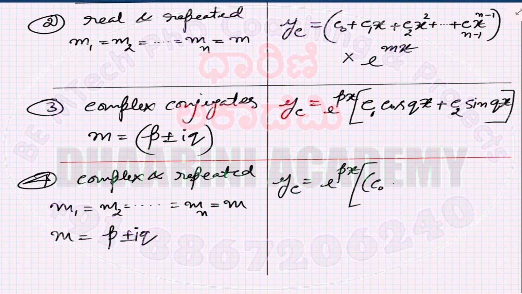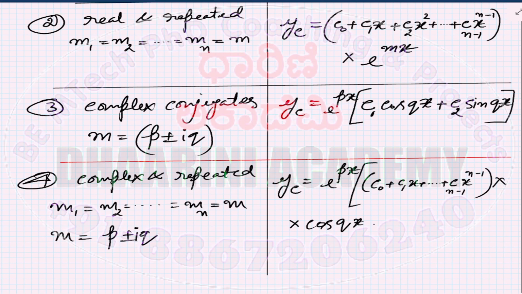So c naught plus c1x plus dot dot dot plus c n minus 1 into x to the power n minus 1. This is my first term. Multiply that with the cos term, like the previous case, cos of qx. So this into cos qx is the first term.